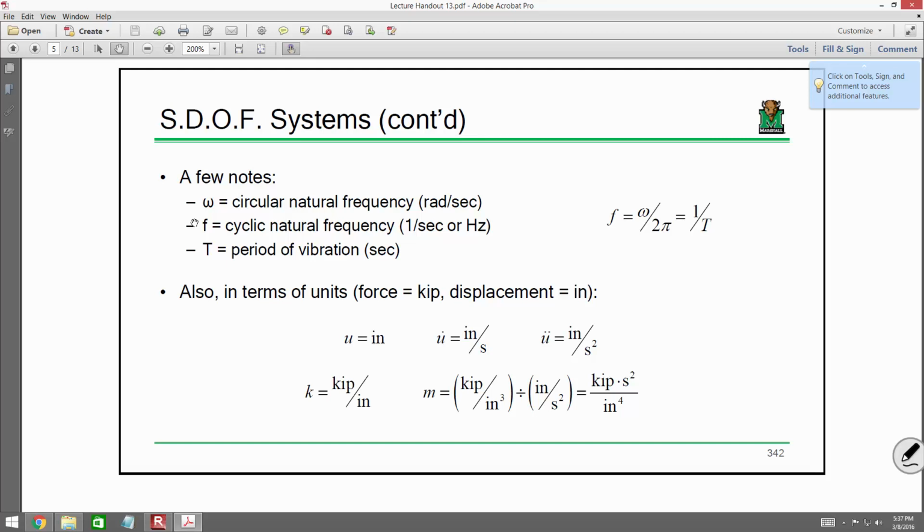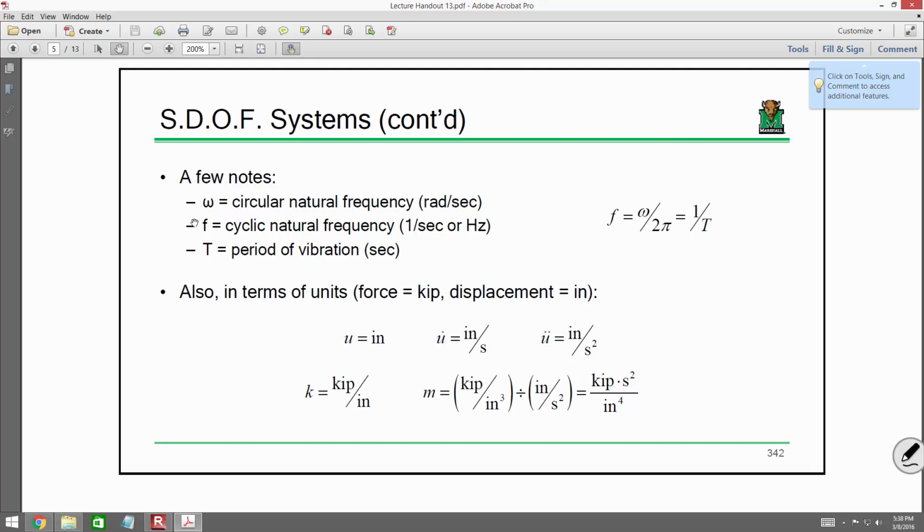Mass might seem a little iffy, but what I'm doing is taking unit weight, kips per cubic inch, and dividing it by acceleration. How do you calculate a density? You take a unit weight and divide it by gravity, right? Gravity in inches per second squared, and unit weight in kips per cubic inch. So this is your resulting units in USCS units. I know it's a little weird for mass, but it is what it is.